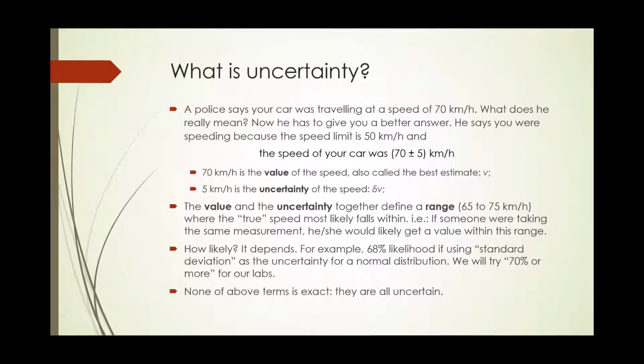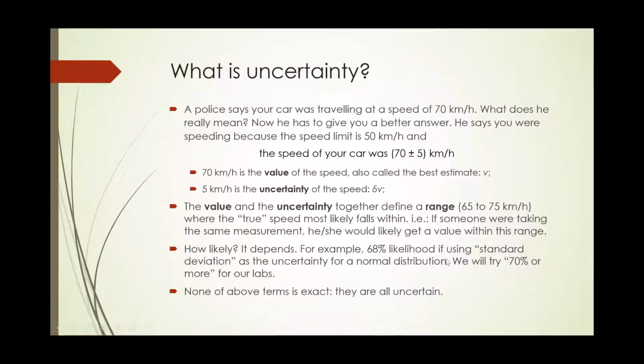The true value is not known. We don't know whether it is exactly 70. So we don't know the true speed, but it most likely lies within this range described by the best guess and the uncertainty. How likely, you don't need to worry. If we are doing statistics, for what they call a normal distribution, but that needs lots of data, you can define this likelihood well.